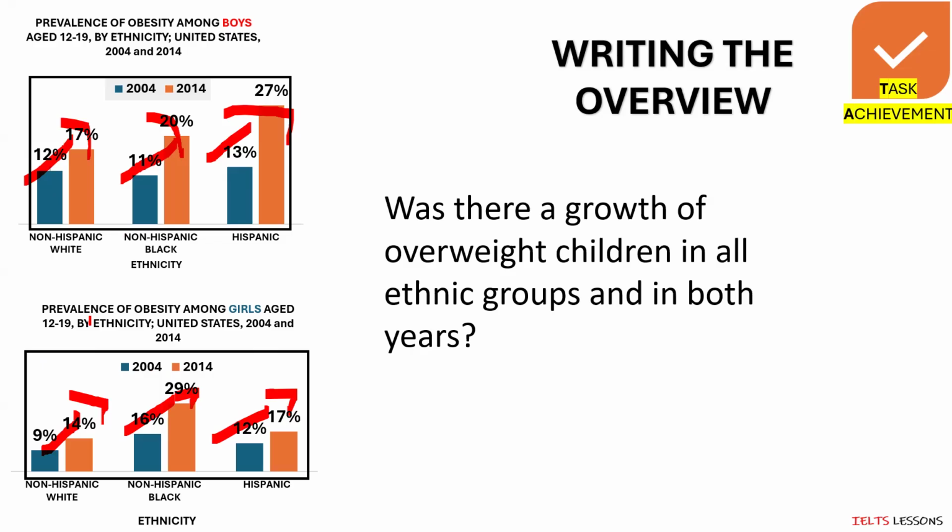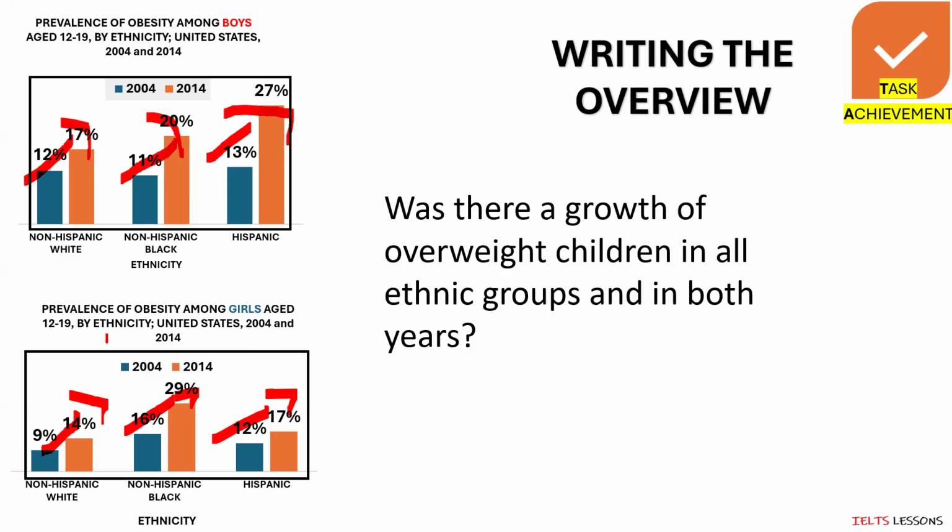The graph here shows the prevalence of obesity among boys and girls in different ethnic groups in the US. The studies have been conducted in the years 2004 and 2014, right?